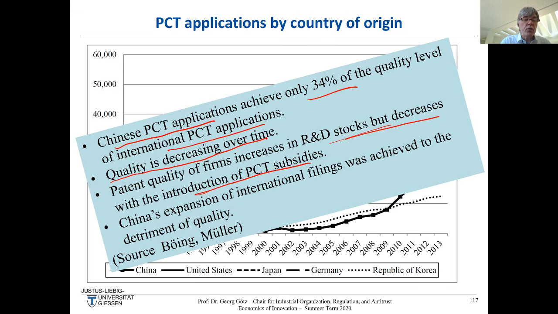Okay, so if you get paid more for journal articles you write, you just write more papers. The problem is, and that's why we probably get these predatory journals, how well published are they and will they ever be cited? Okay, so what Böing and Müller really conclude is that China's expansion of international filings was achieved to the detriment of quality.